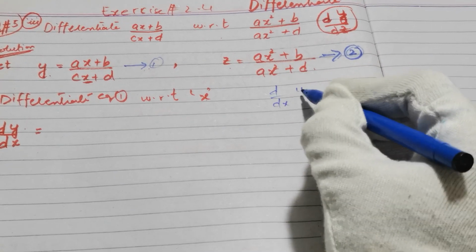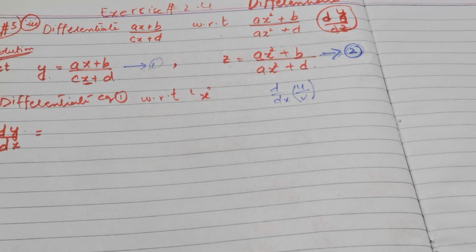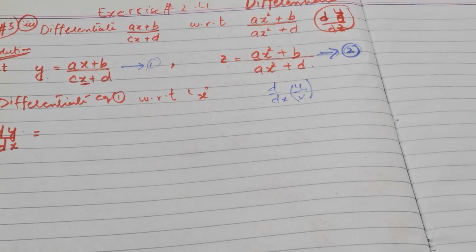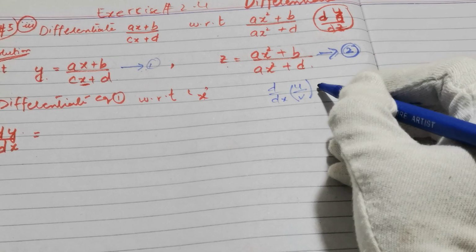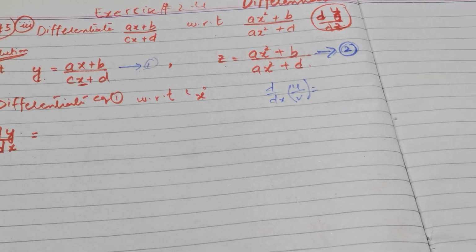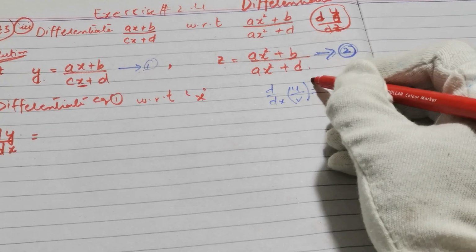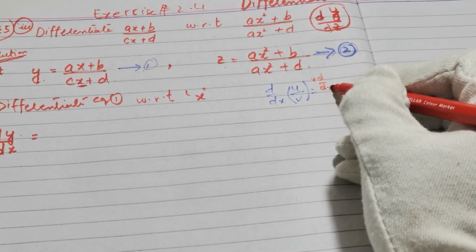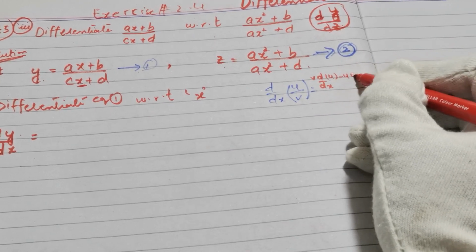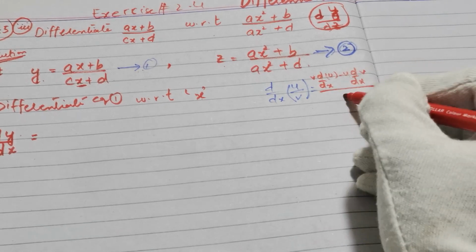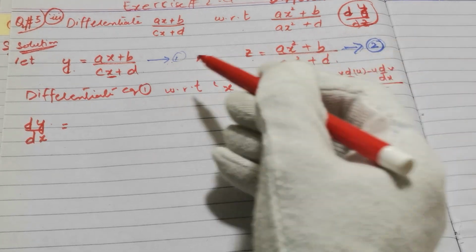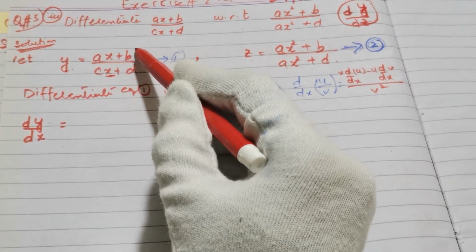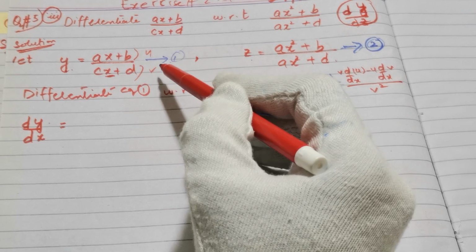According to quotient rule, derivative of a quotient is equal to v derivative of u minus u derivative of v whole divided by v square. It means we consider this term as u and this term as v.